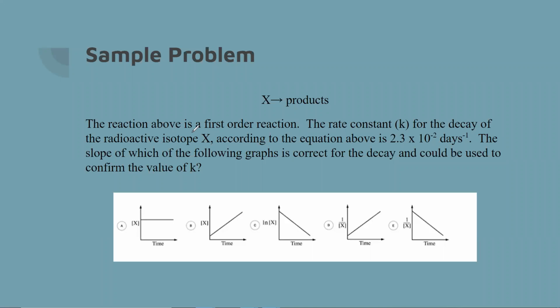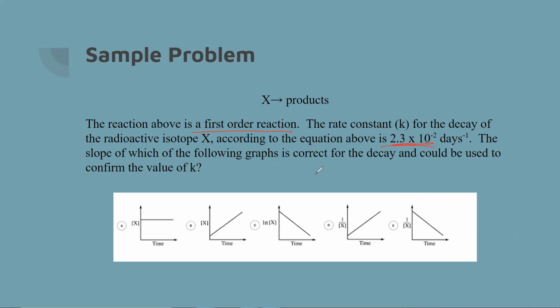We know it's a first order reaction. It's a radioactive isotope, and radioactive decay is first order. This is our constant K. It's asking the slope of which graph would be correct for that decay. So we should be seeing a straight line graph that matches a first order reaction.